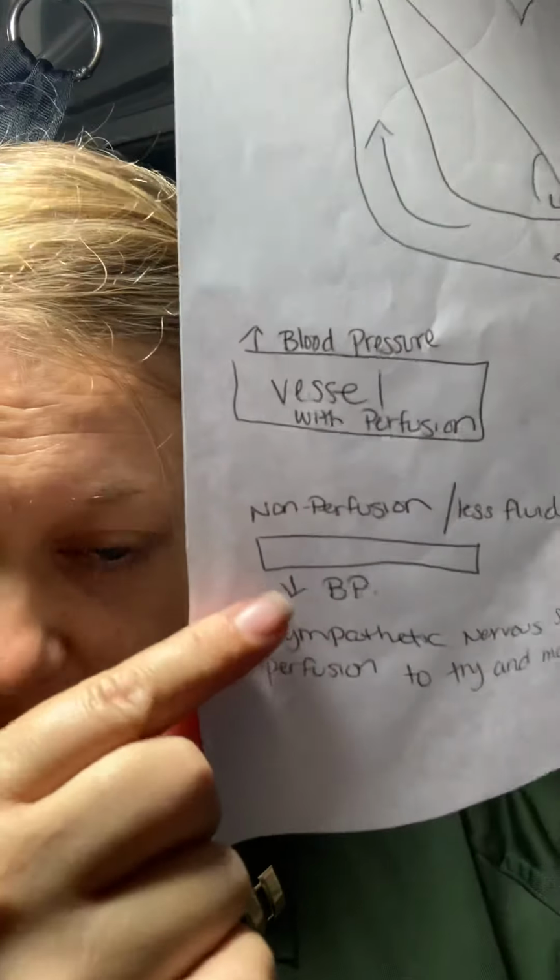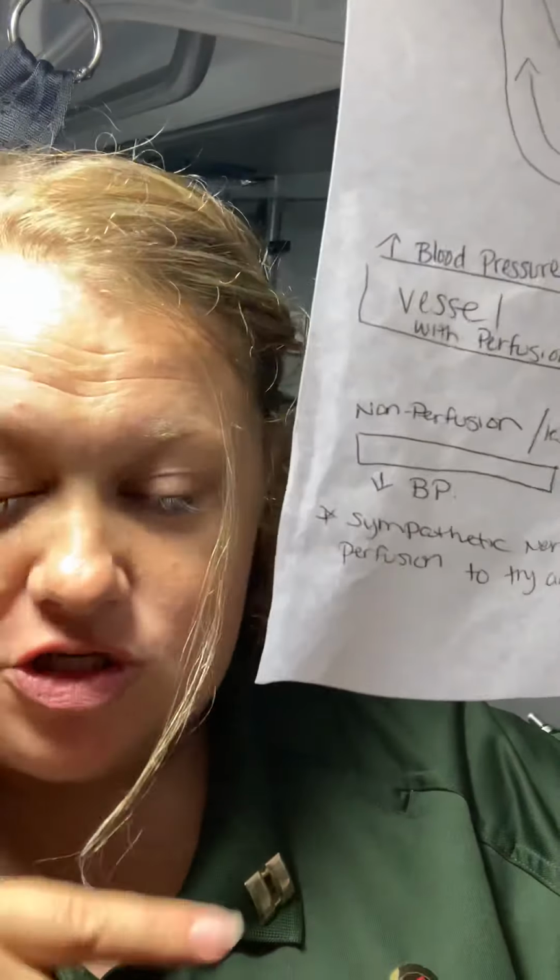But so when the vasoconstriction kicks in, your blood pressure is going to be low. Think about the hose, that small thing, not a lot of pressure coming out. And then your sympathetic nervous system kicks in, and that's due to the low perfusion.